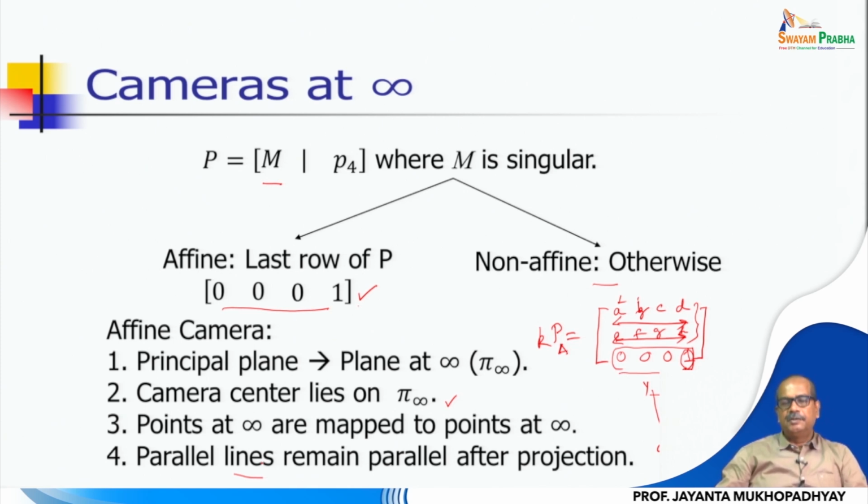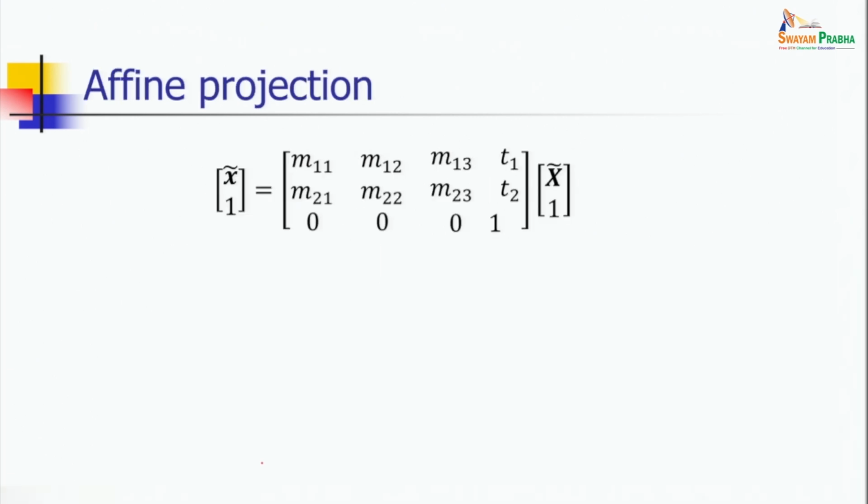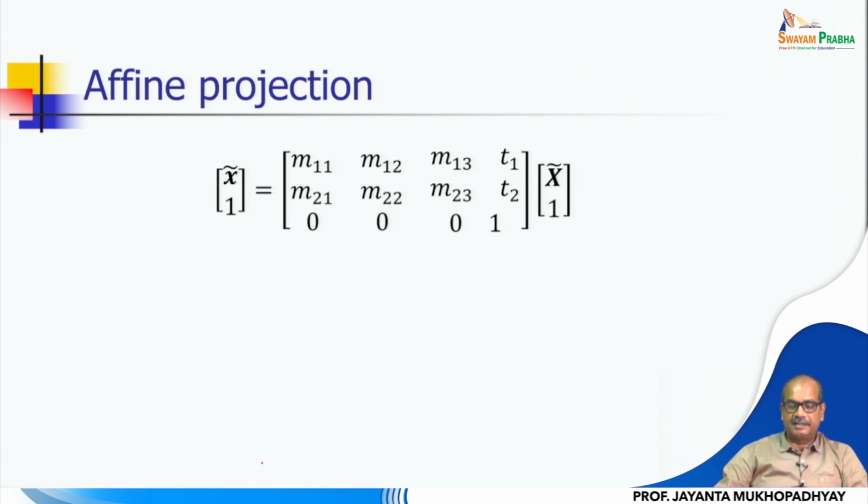So when you project that point at plane at infinity, even in the image plane, that would be also a point which should be an ideal point. That means which should be a point at infinity. So this is the form of affine projections matrix that we will be considering.